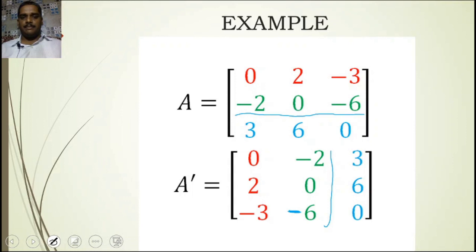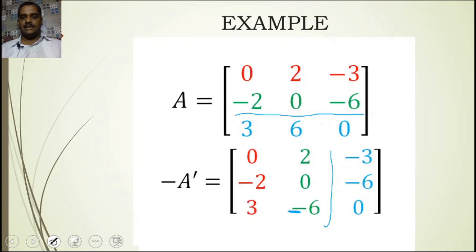For computing minus of A transpose, I should change the sign of each element. Positives will become negative and negatives will become positive, like this. And the sign of this will also change, so here you'll get plus 6, not minus 6.